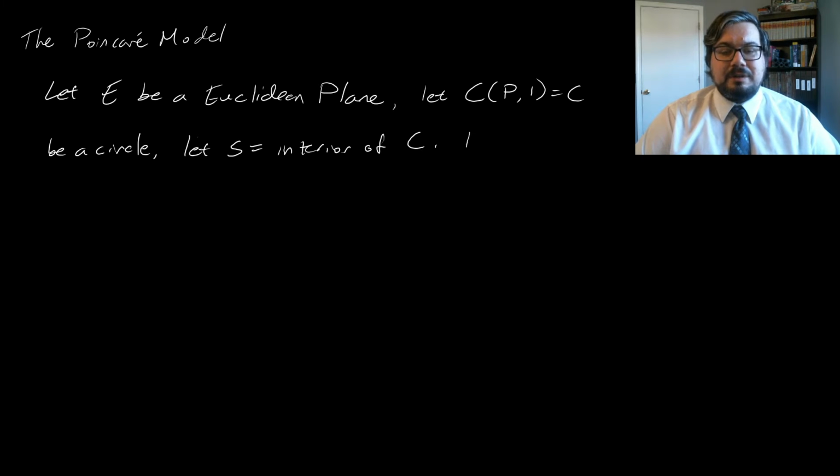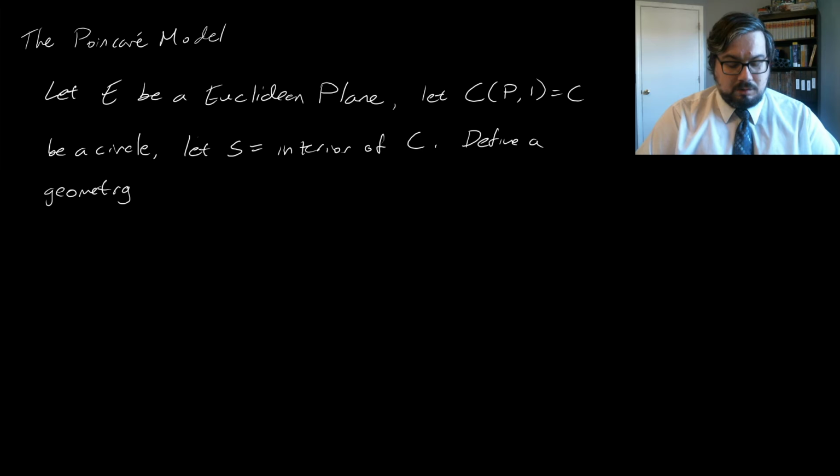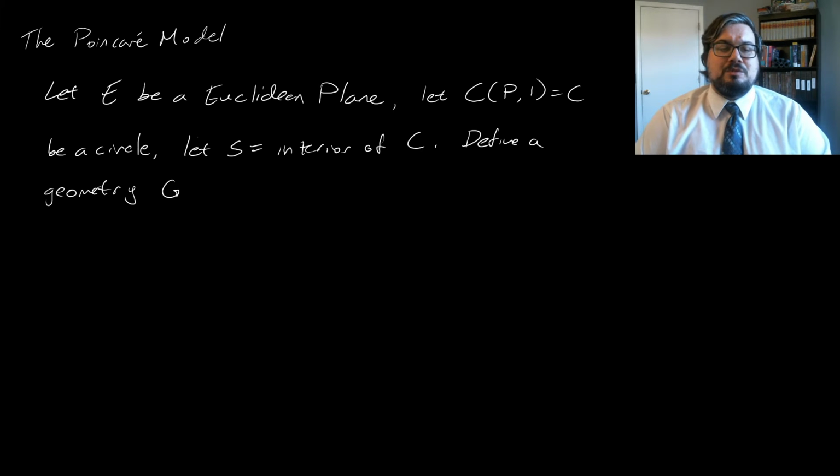So we're going to define a geometry G. Now, to define the geometry, I need to tell you a few things. I need to tell you what the points are, what the lines are.